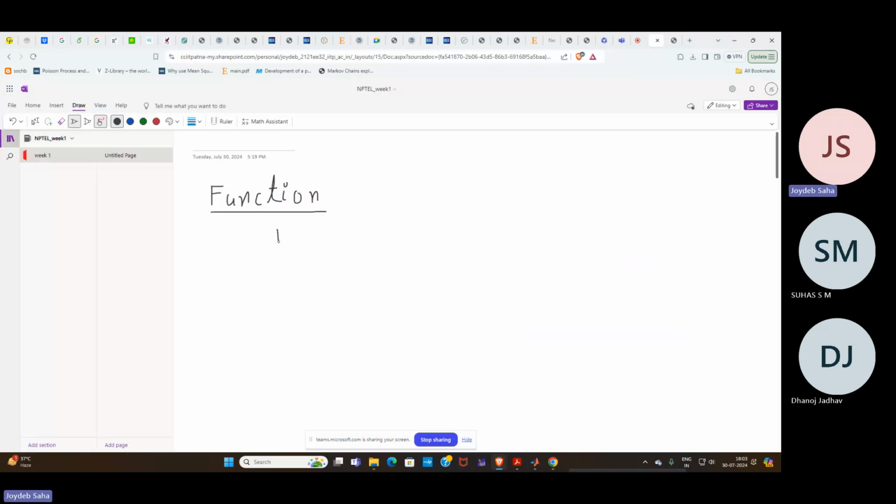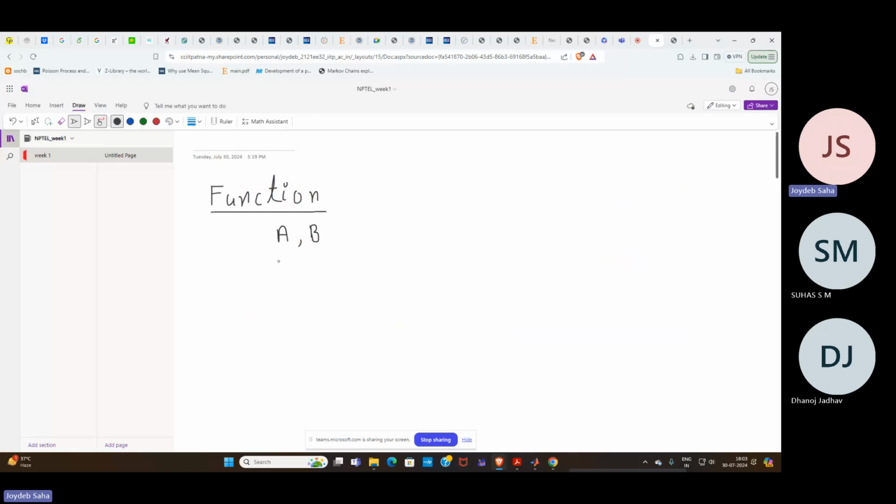So let's assume there is a set A and B. We will take some example also.